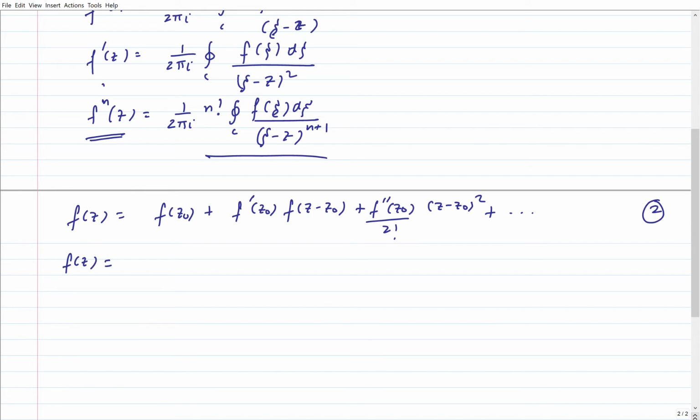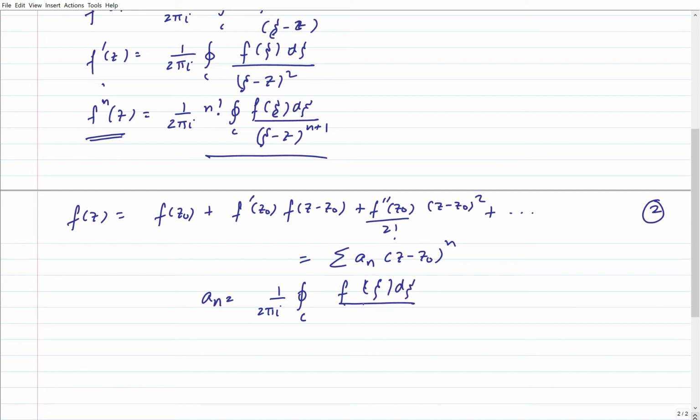Which I can write as equivalent to this, where a_n is this.